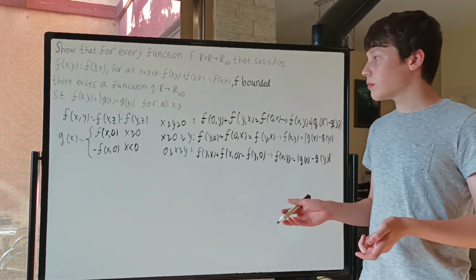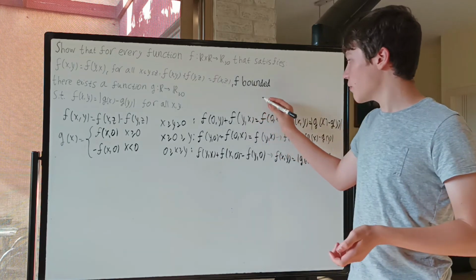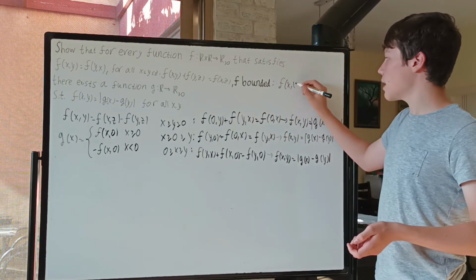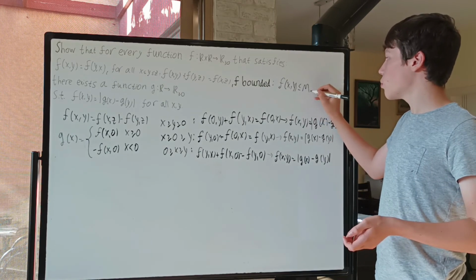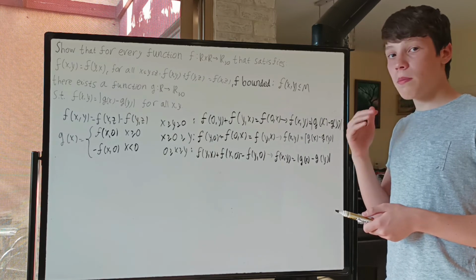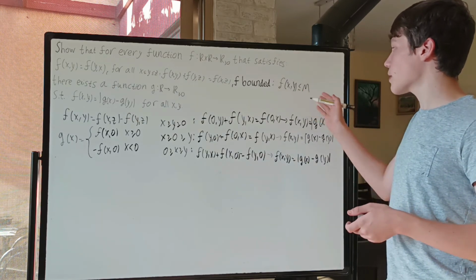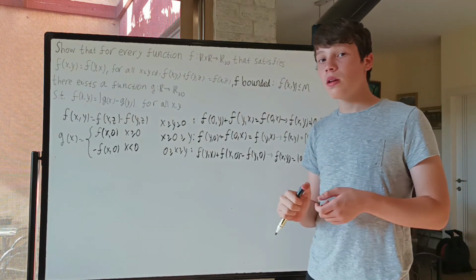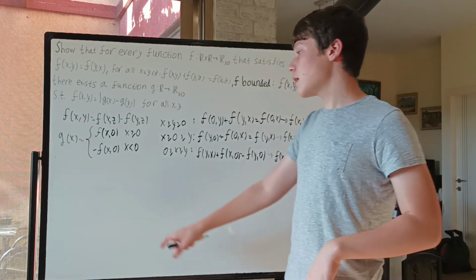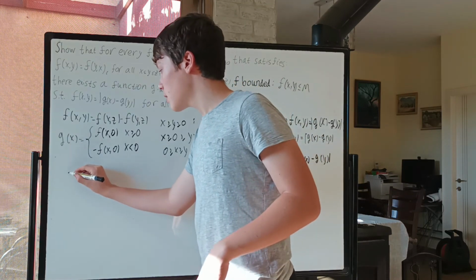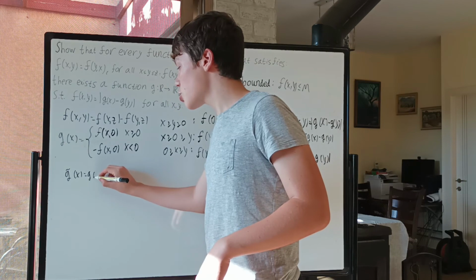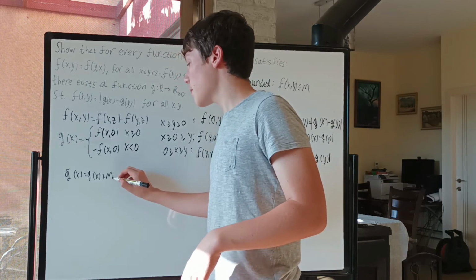Let's denote its upper bound by M. So f of x comma y is smaller than or equal to M for all values x and y. Let's look at g tilde of x, which is just g of x plus M.